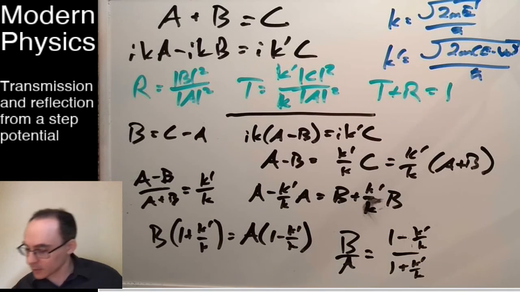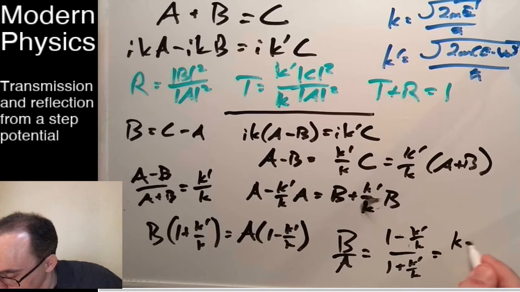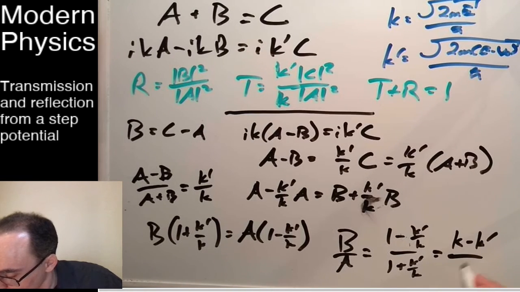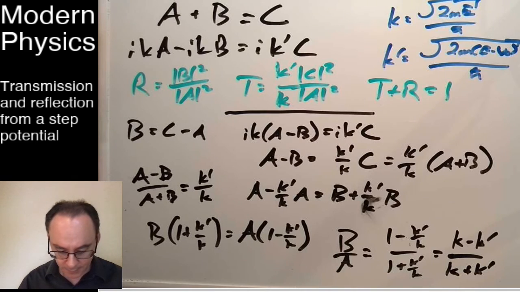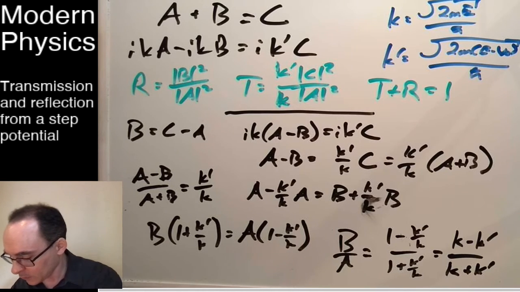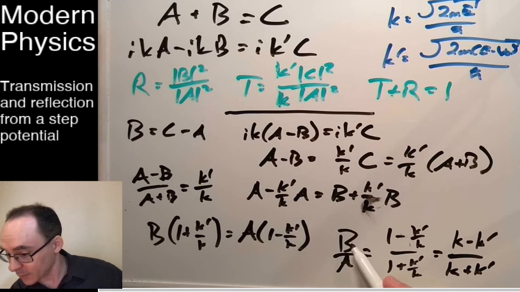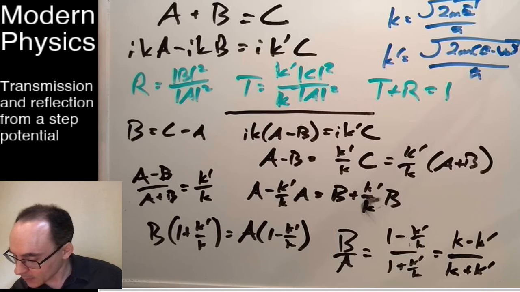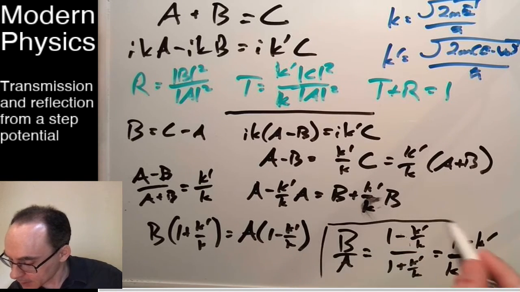Or if I want to make this look a little nicer, I can multiply top and bottom by K and just get (K minus K prime) over (K plus K prime). So that's B over A, which then we can pretty easily use to get the magnitude of B squared over the magnitude of A squared. There's nothing complex in here. So we'll save this.